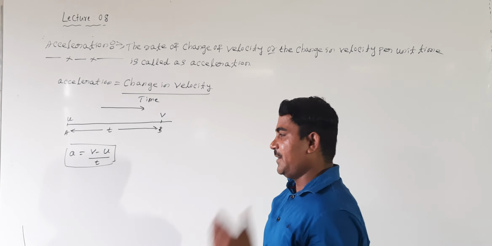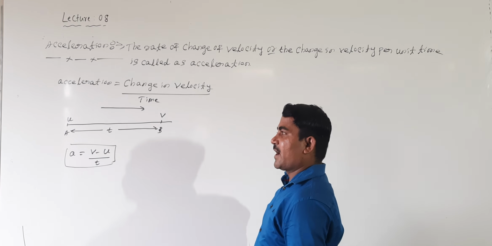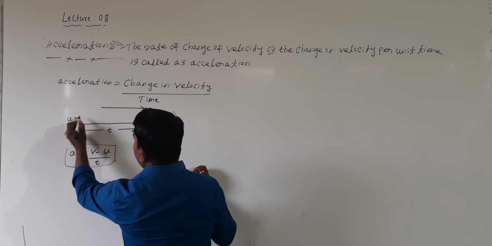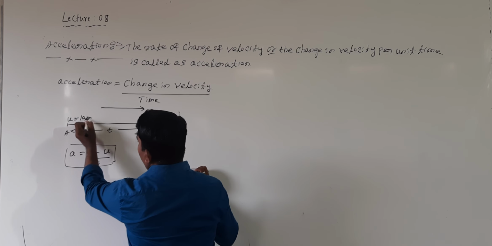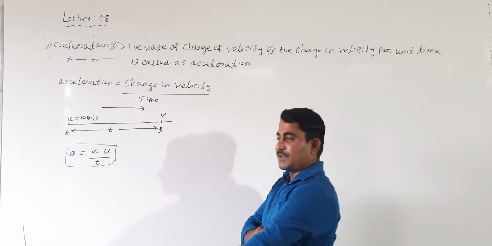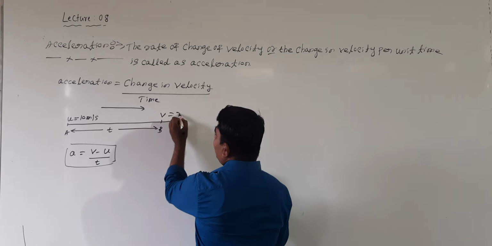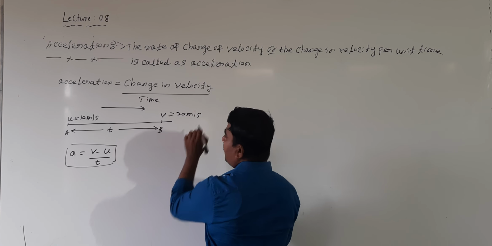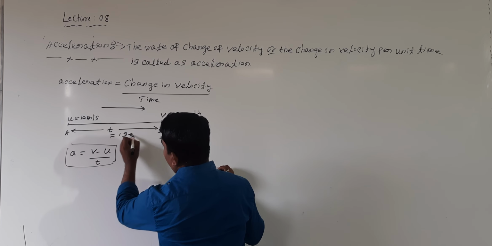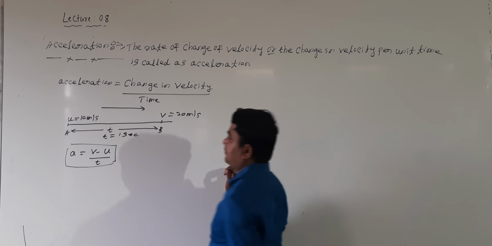See here, from this example I can take. Let us take the body moving along a straight line. Consider this is the initial velocity. How much? Initial velocity is 10 meter per second. This is what we are calling final velocity, 20 meter per second. In what interval of time? In this time interval t equal to 1 second.